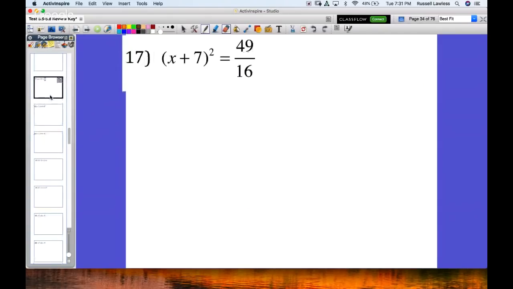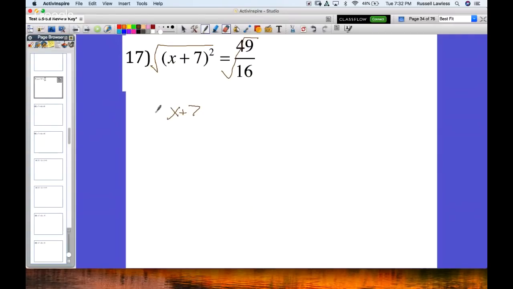So here's the trickiest one that you'll see for the square root method. Notice we have a binomial squared equal to a fraction. Since this binomial is squared, rather than explode it out and solve it, that's just too complicated. What we can do is square root both sides, because if I square root both sides, that essentially just gets rid of that binomial.